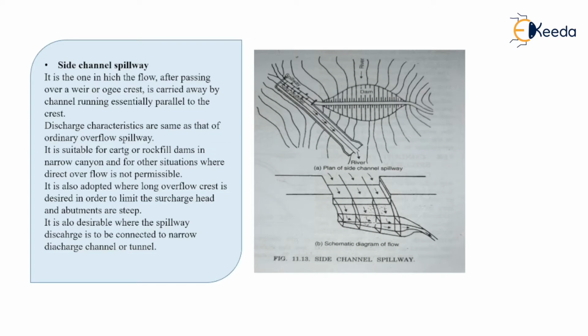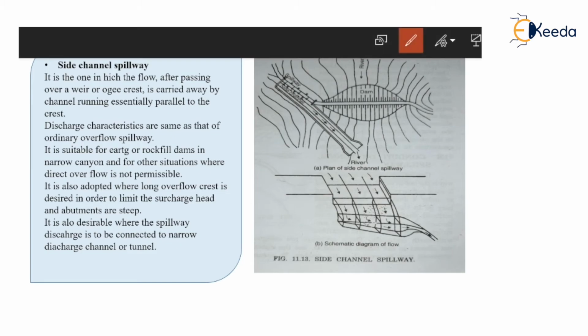tunnel. So the discharge from the spillway will be passing on the side channel. When the abutments of the dam are in a steeper condition, then you can provide a side channel. Along with the gravity flow, this flow will be carried out, and definitely the kinetic energy will be dissipated at this section.